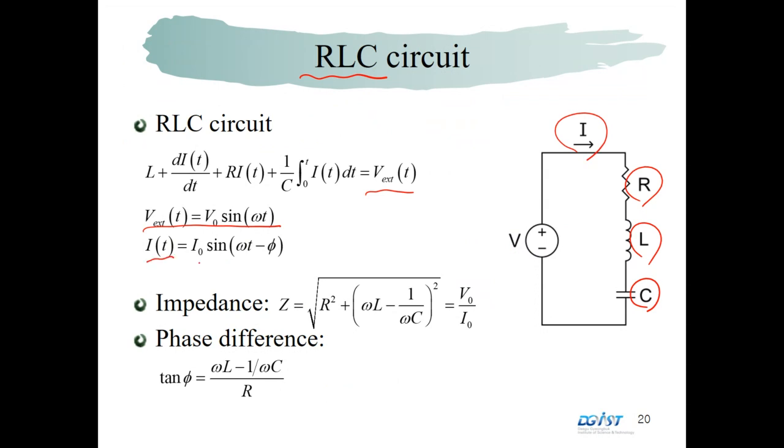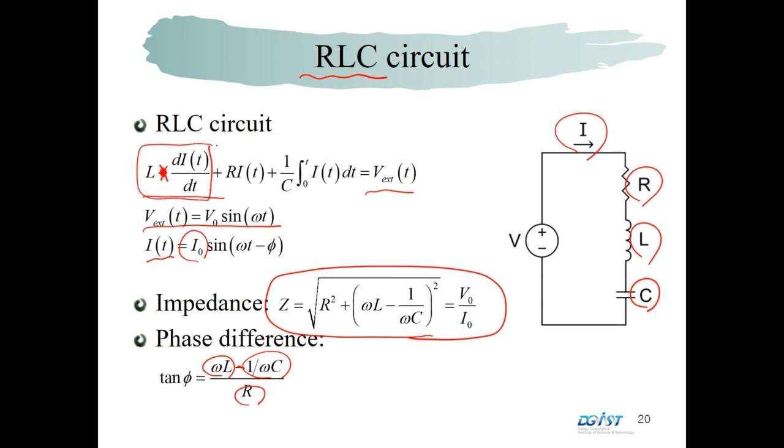So in this case, this I0 has a deceleration. And the phase difference will be determined by omega L minus 1 over omega C, divided by resistance R. So in this circuit, actually, the equation is this, plus this.